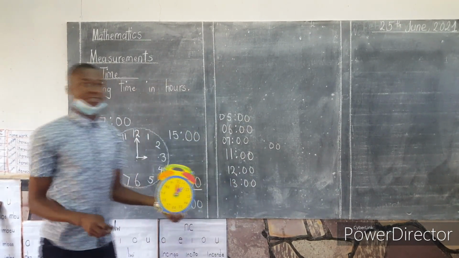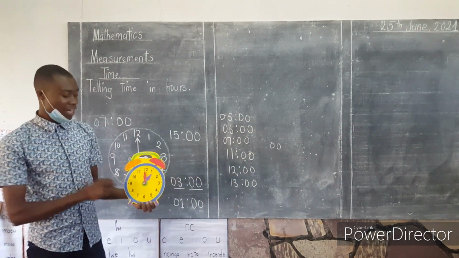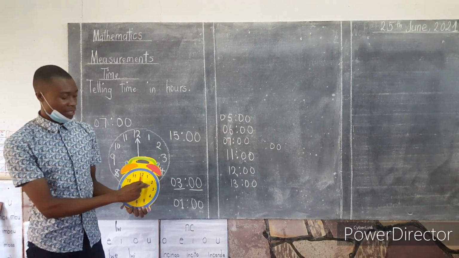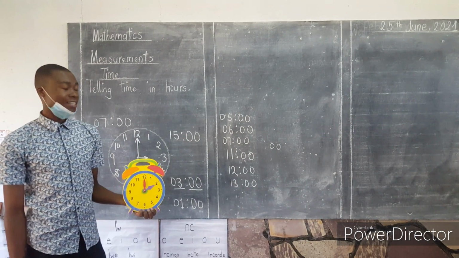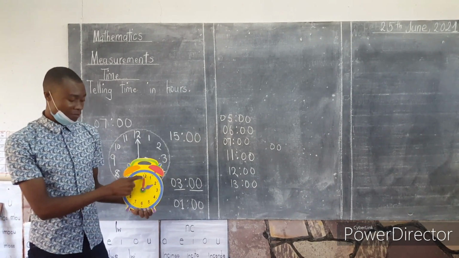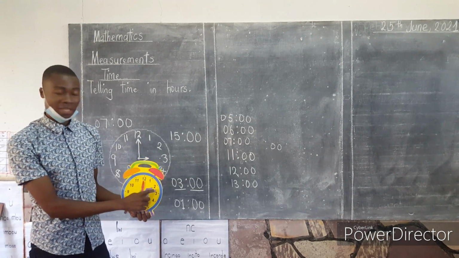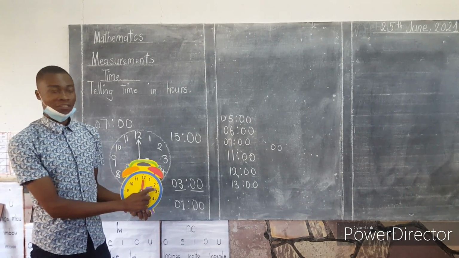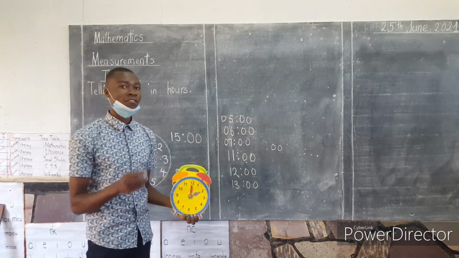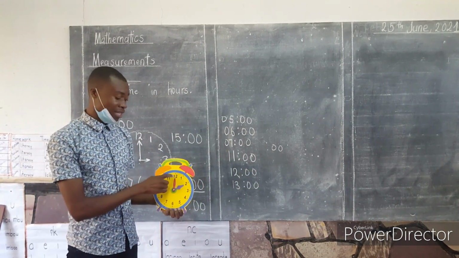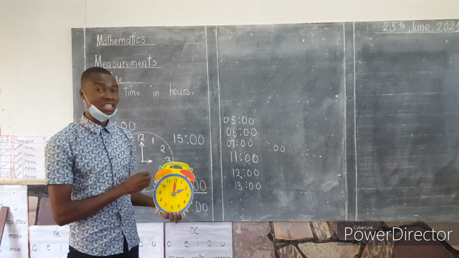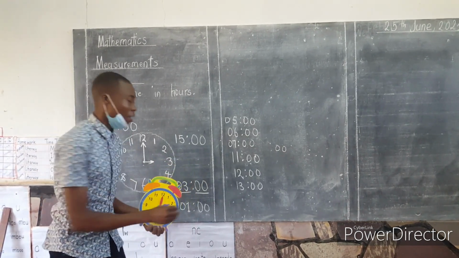13 hours. If the shorthand moves to 2, like that, then the time which is shown on the clock is, we said 12, 13, then what could that one be? Where the shorthand is pointing, you start from 12, 13, 14. So that is 14 hours.